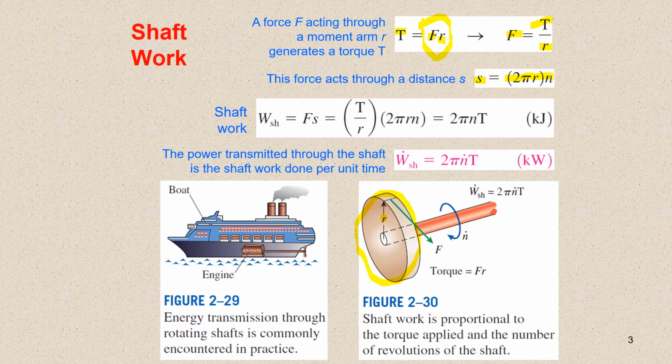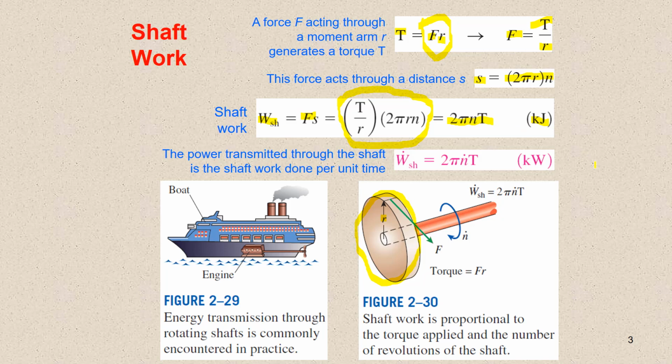So shaft work in this case is determined from W sub sh, that is shaft work, equal to Fs, which is also equal to the torque divided by the radius times 2 pi r n, which equates to 2 pi n T, where n is the number of revolutions and T is the torque.